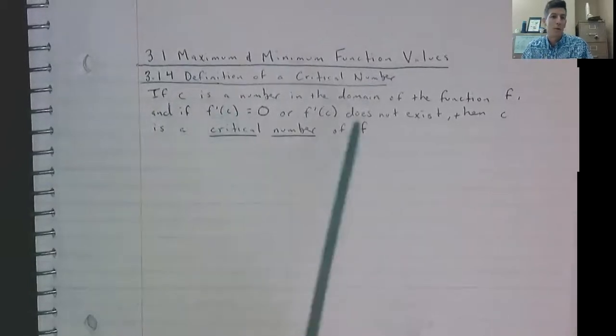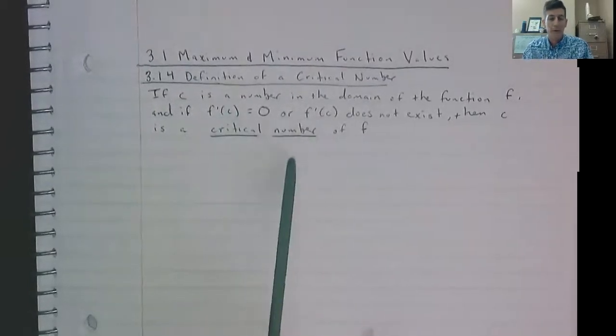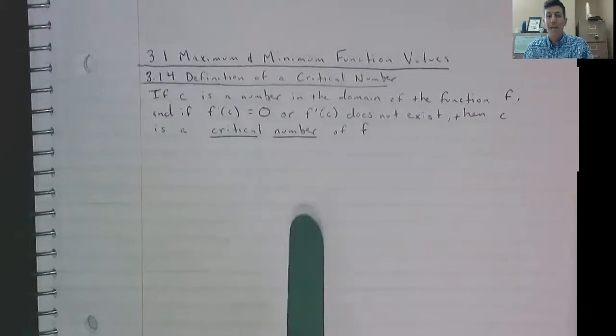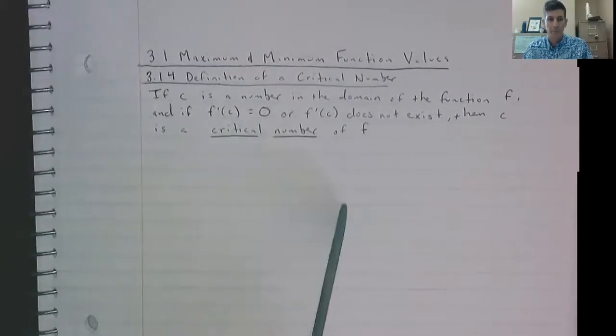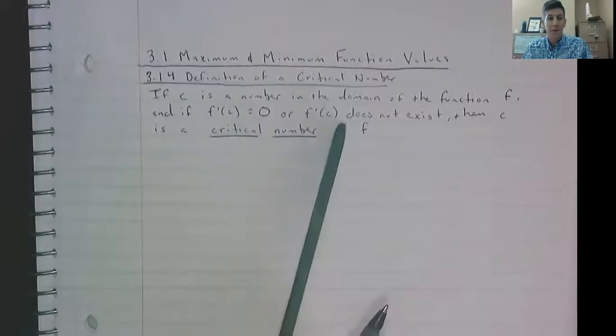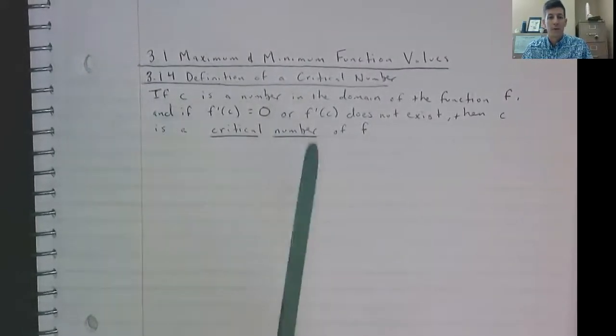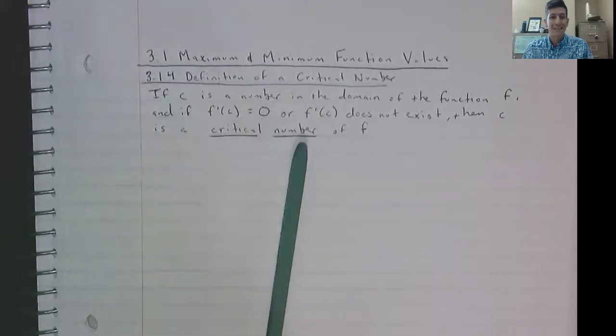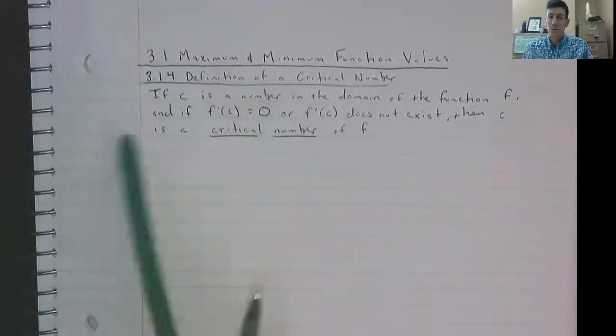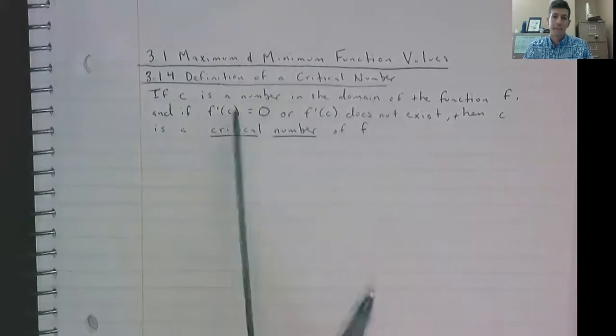But if one of those two things is true, then we have a critical number, and then we have a potential maximum or minimum, okay? These two conditions are not sufficient to tell you that they are locations of a maximum or a minimum, but they are necessary, okay? Without one of these two, you do not have a max or min, okay?